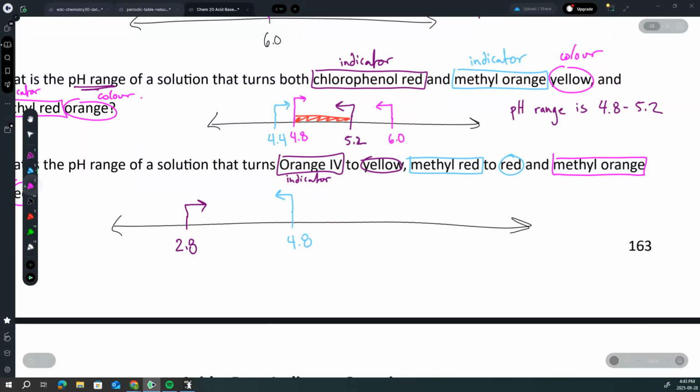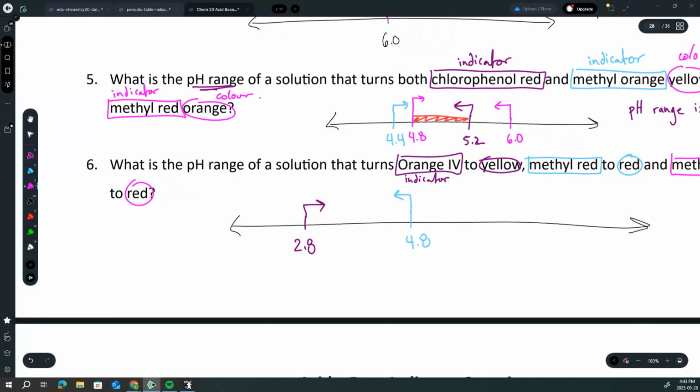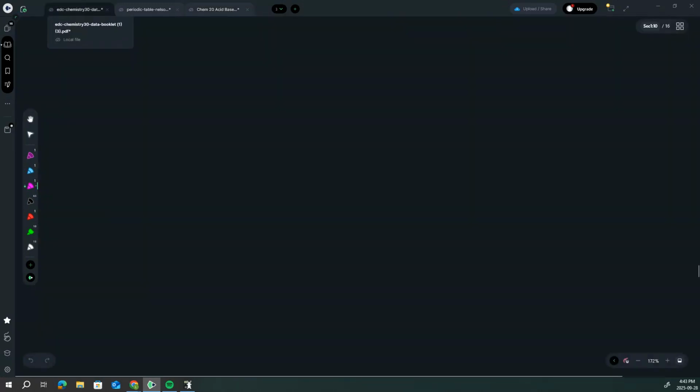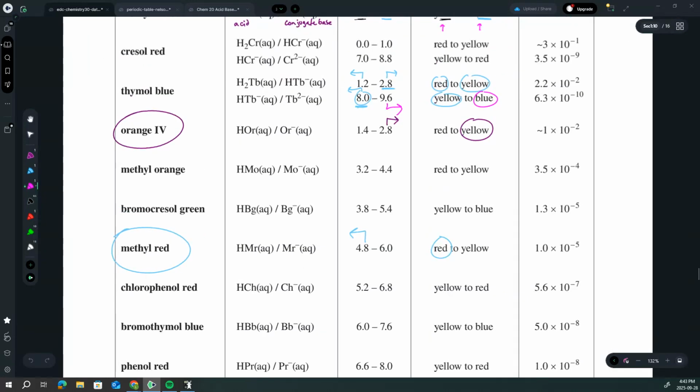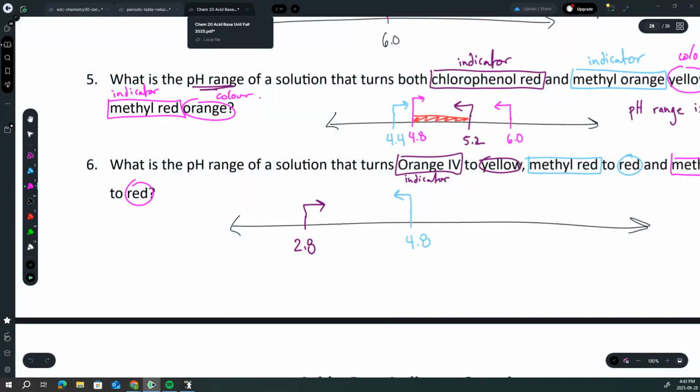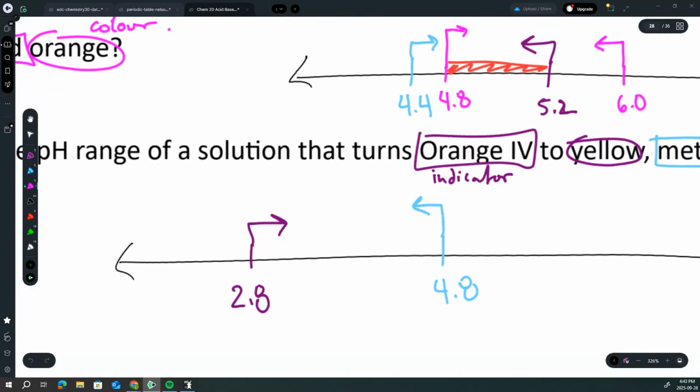Now we need to do methyl orange, and it turns red. Methyl orange is right here, red, right-hand color, right-hand number, so 3.2 and below. I'm going to have to squish that in. So 3.2 and below.